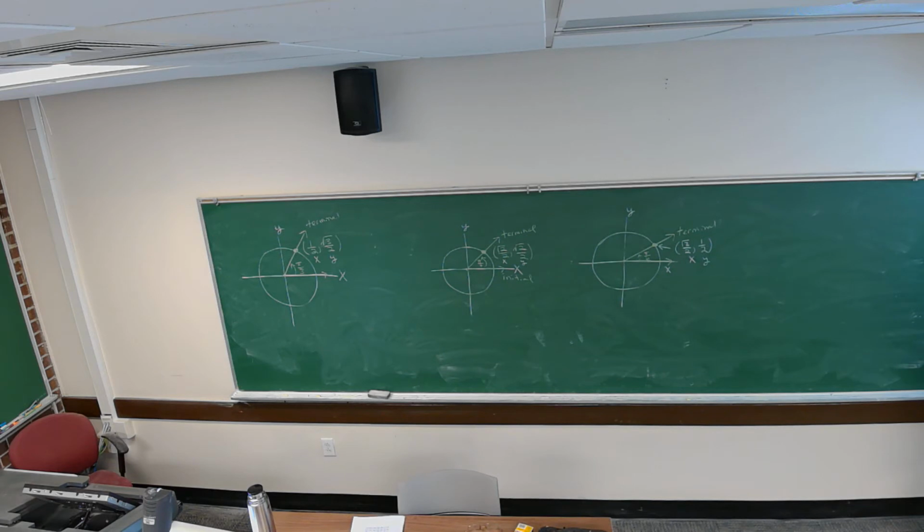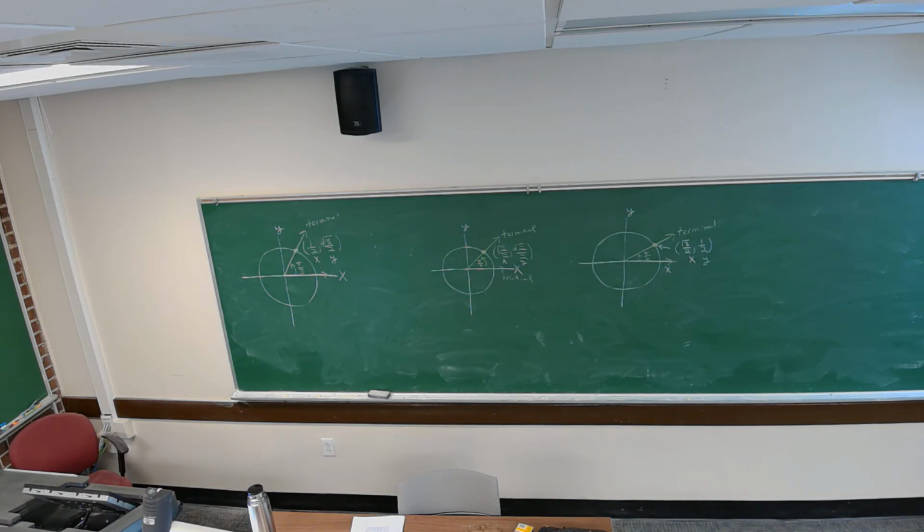And in the first quadrant, there's an angle t prime that's congruent to this acute angle. Similarly, in this example, here's the acute angle between the terminal side and the negative x-axis, and there's an angle in the first quadrant, t prime, that's congruent to this acute angle. And then the third example, here's the acute angle between the terminal side and the positive x-axis, and there's an angle in the first quadrant, t prime, that's congruent to it.